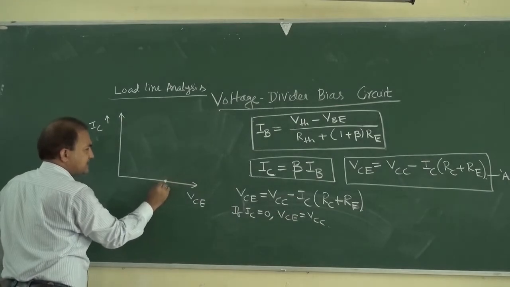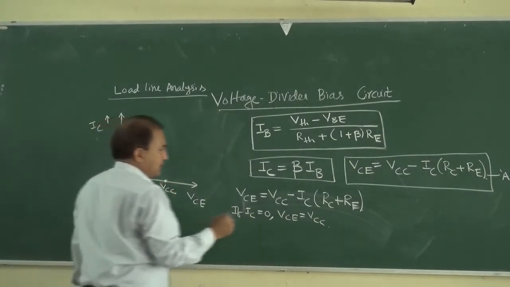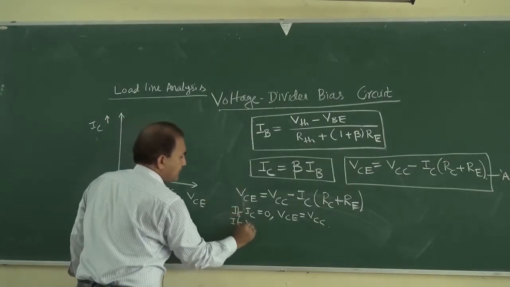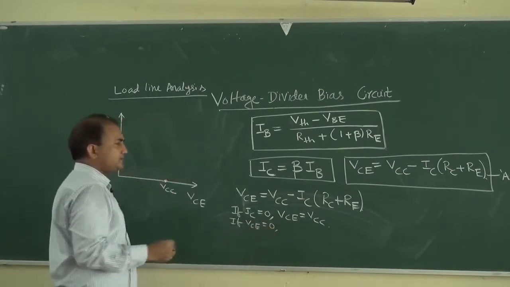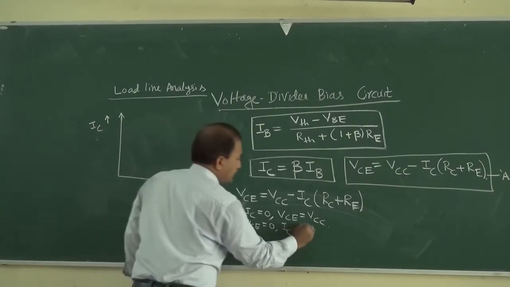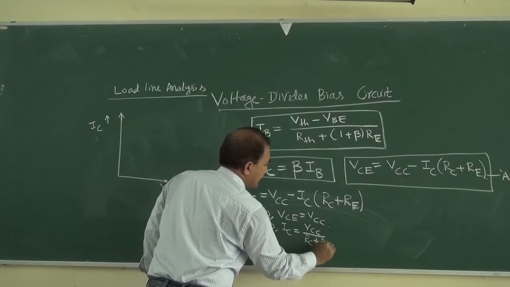So suppose this point is the VCC point. Okay. Now if VCE is equal to 0, then we can write IC equal to VCC divided by RC plus RE.